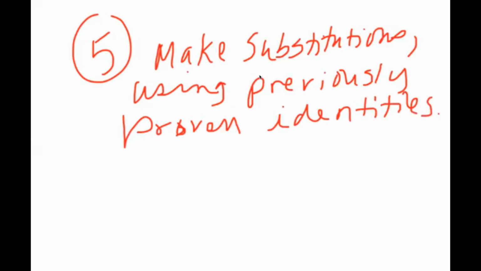Now, keep in mind too, we're not just within the context of trig. Remember, some of the same properties that apply in algebra apply in trig. It's just that in trig we're using sine, cosine, and tangent, whereas in algebra we're just using your basic variables and equations and stuff like that, okay? So guys, make the appropriate substitutions.